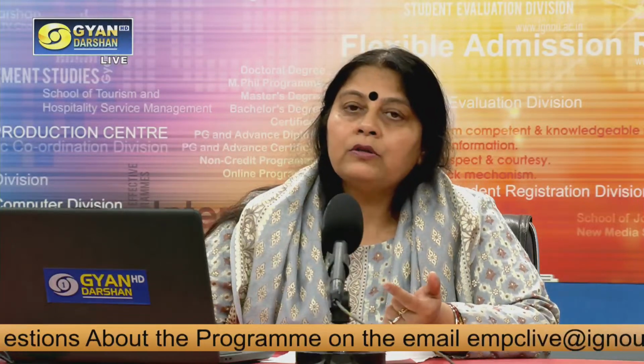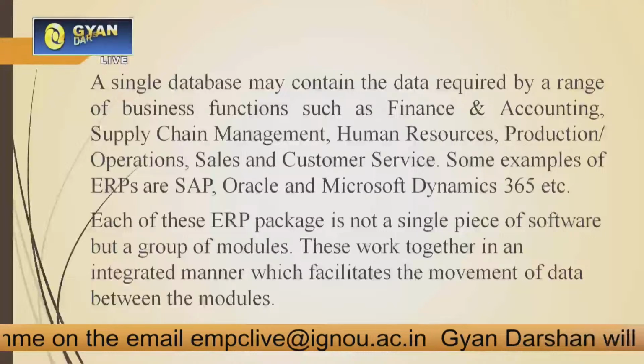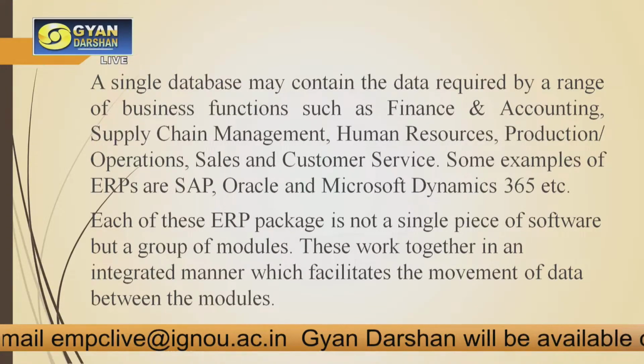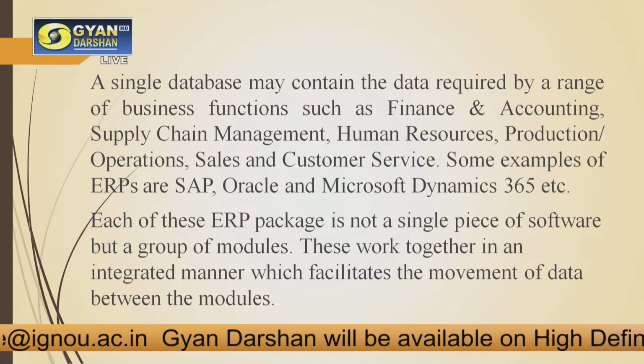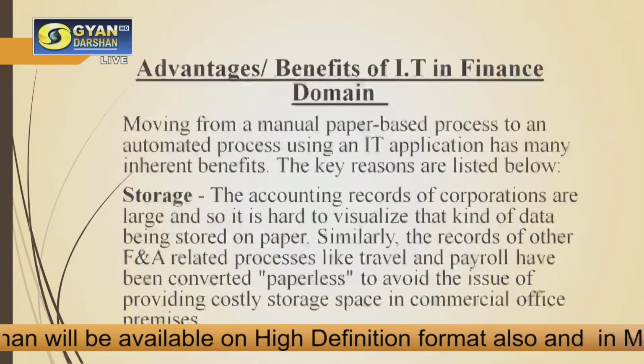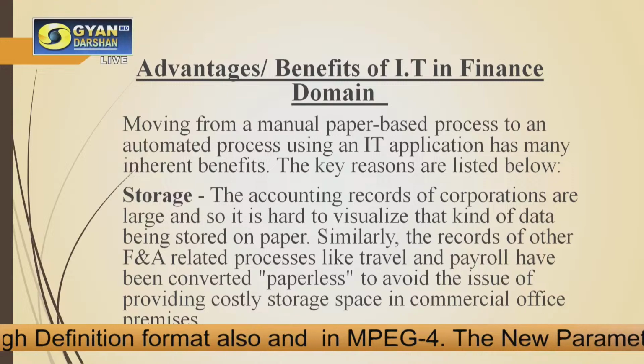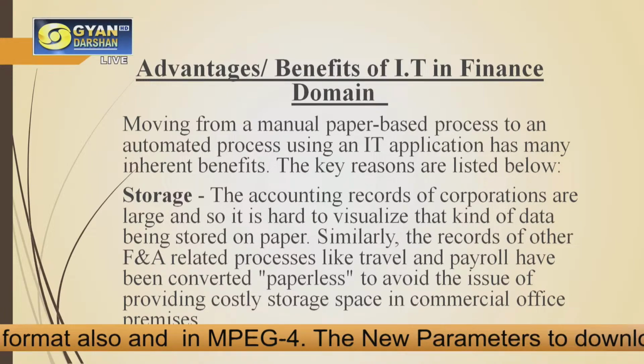It has many different kinds of modules which it can cater to. So all these modules work together in an integrated manner which helps to facilitate the movement of data between the modules. So we can see how important ERP is when talking about large companies.